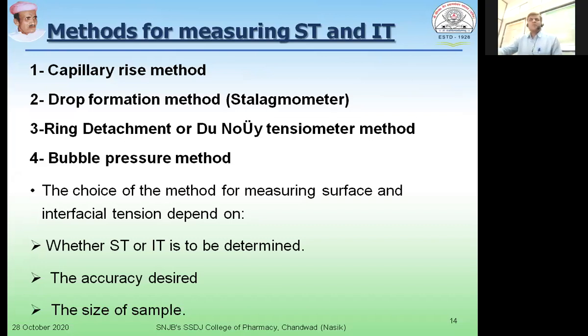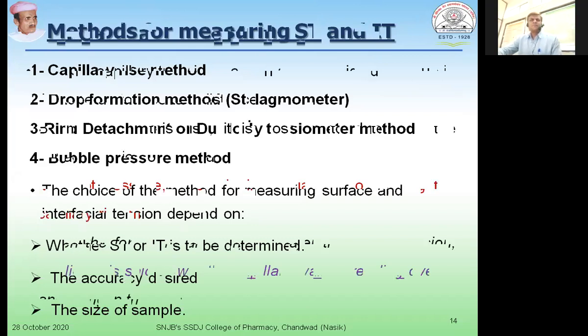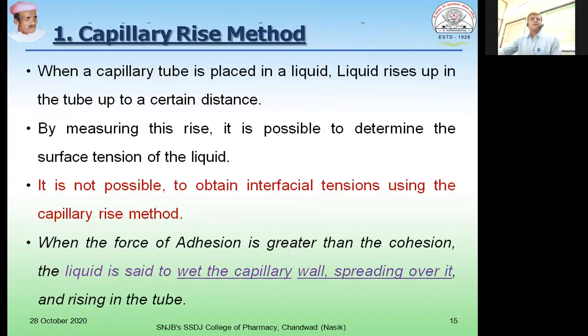So let us talk about the first method, that is the capillary rise method. We know that when a capillary tube is placed in liquid, the liquid will rise up in the tube, and it rises up to a certain distance only. Now, if we look at the molecular level, why does liquid rise into the capillary tube?